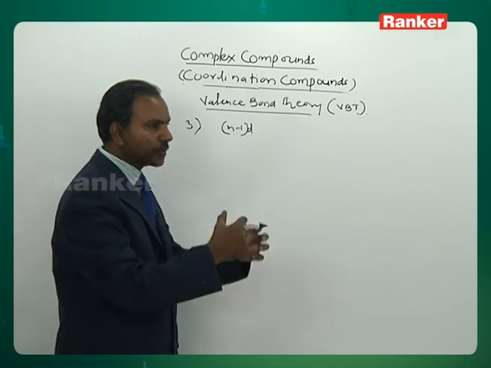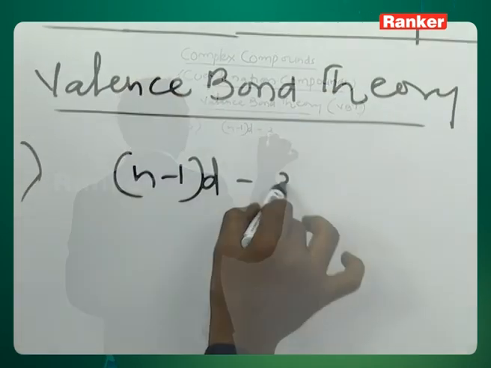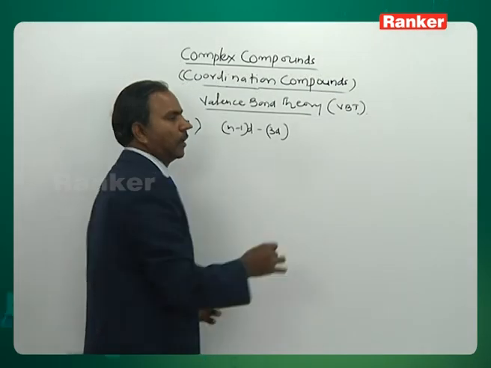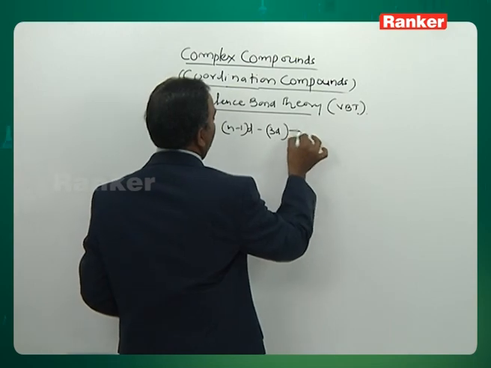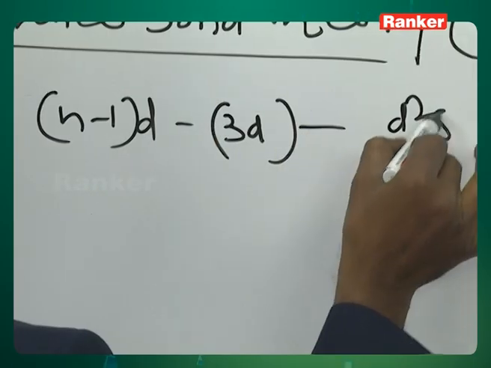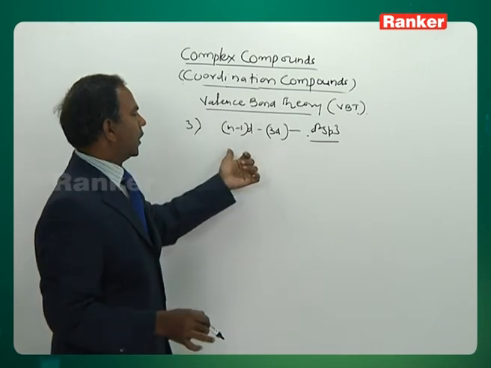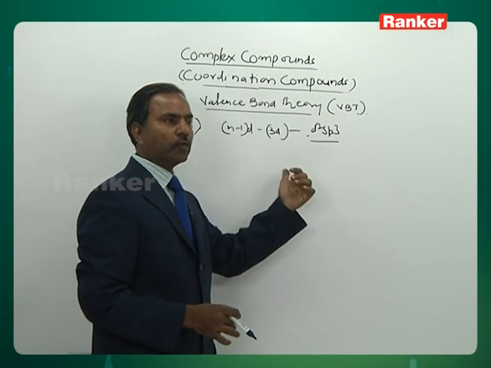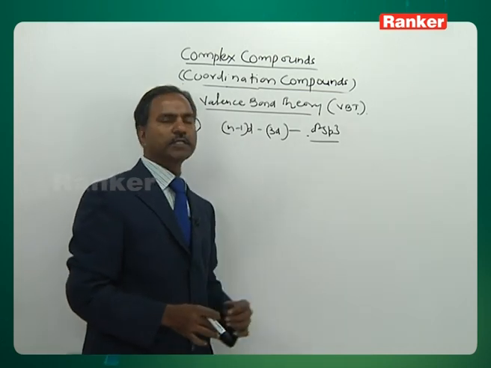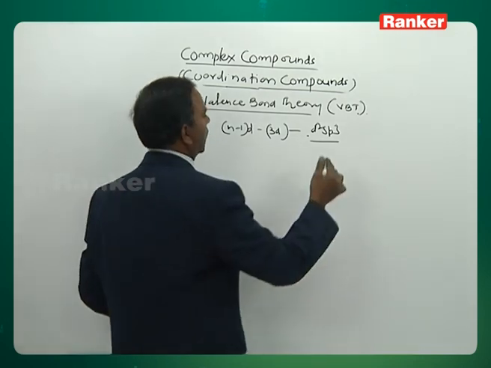Imagine in the 3d series, 3d orbitals are involved. Say inner orbitals are involved, 3d is involved. The resulting hybrid orbital is found to be d2sp3. Once inner orbitals are involved, the hybrid orbital produced is d2sp3, and that particular complex we call an inner orbital complex.